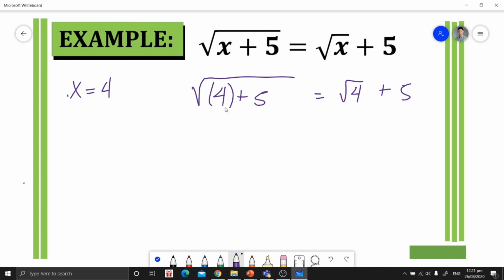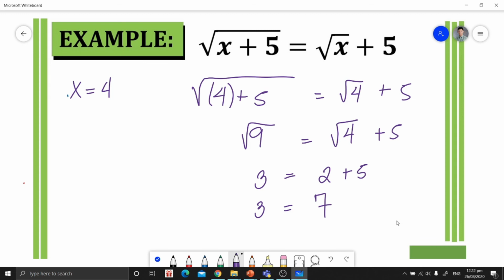Now, 4 plus 5 is equal to 9. So we have the square root of 9, and we have square root of 4 plus 5. Now, what's the square root of 9? That is 3. Square root of 4 is 2 plus 5, that is equal to 7. So 3 is equal to 7. Are they equal? No, they are not equal.